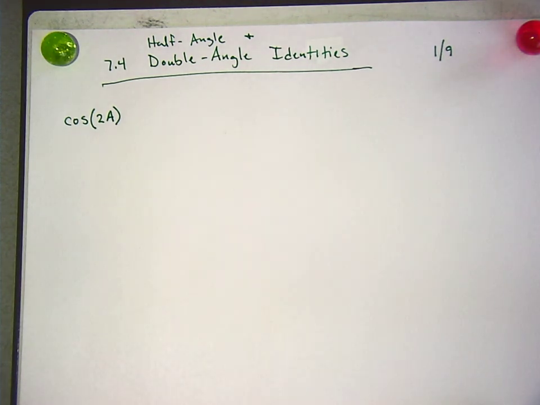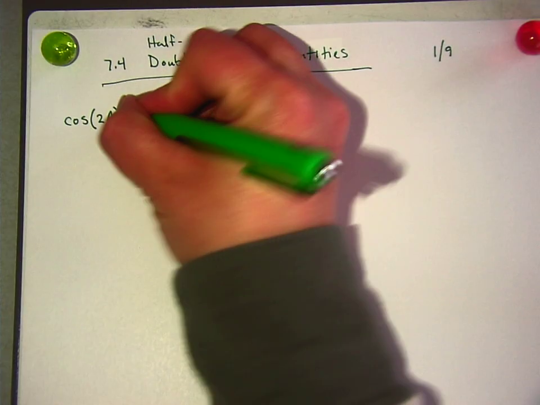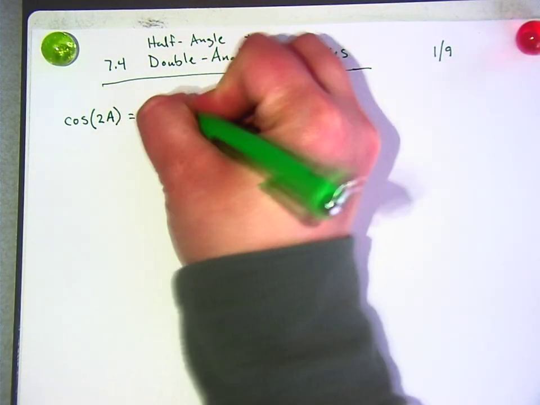Think about what 2a is the same as. It is cosine A plus B, but it would actually be cosine a plus another a, because a plus a is 2a. Do you guys understand that? So this is the same thing as the cosine of a plus a.